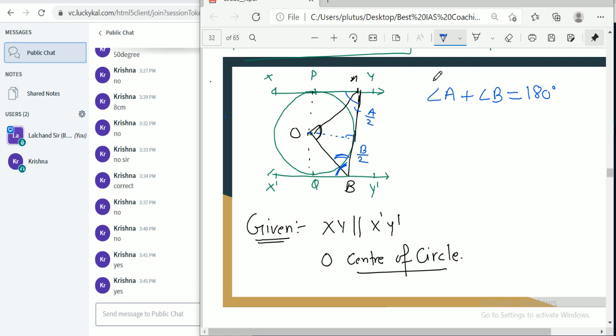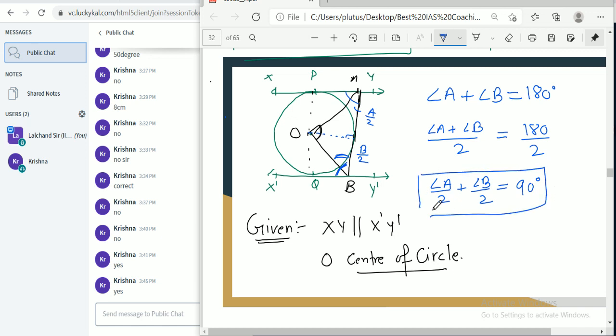If we divide this equation by 2, we can say angle A by 2 plus angle B by 2 is equal to 90 degree. Can we write like this? Half of angle A plus half of angle B equal to 90 degree.